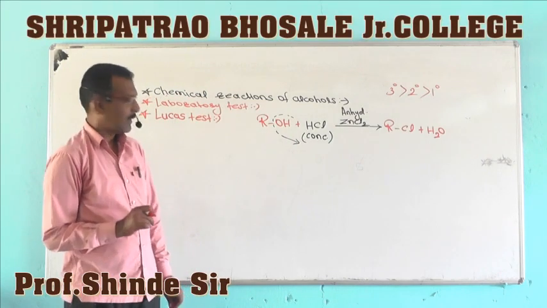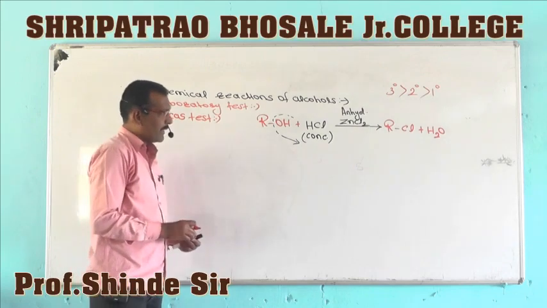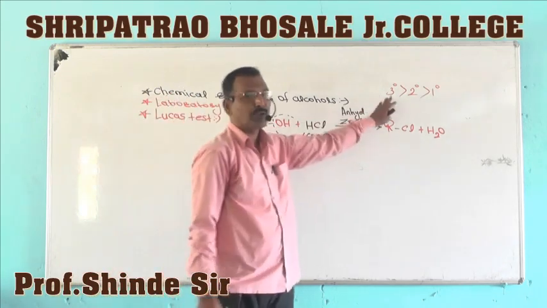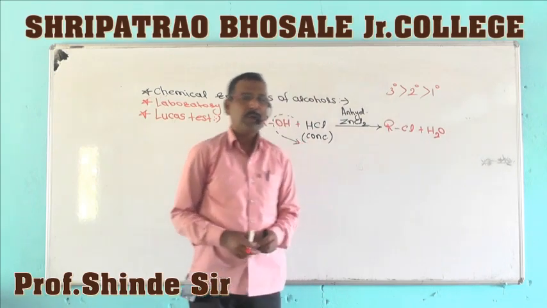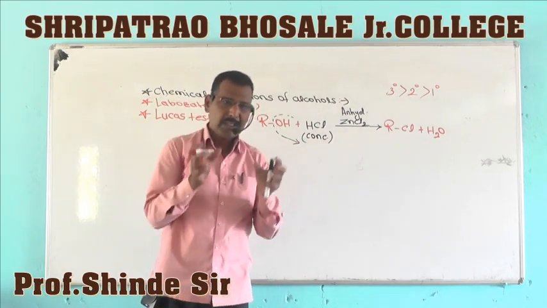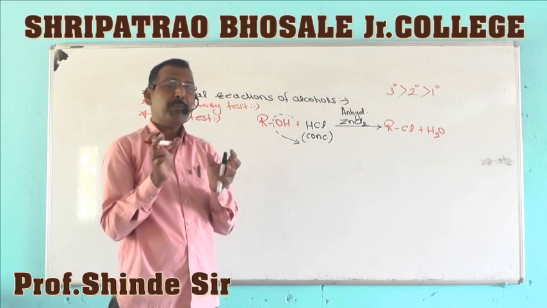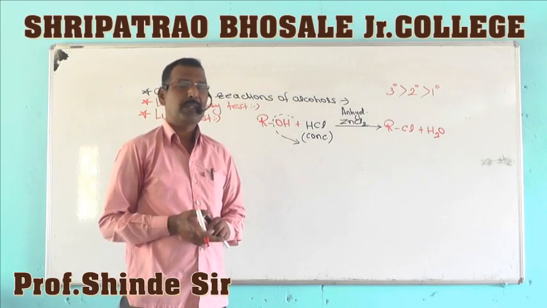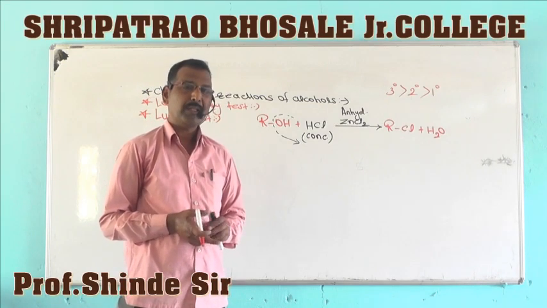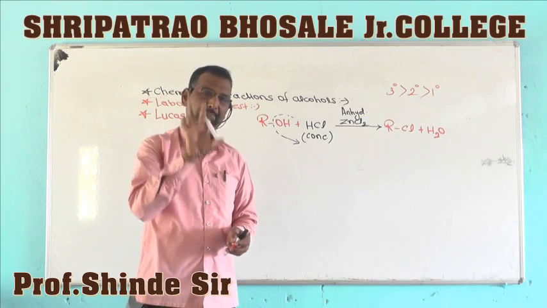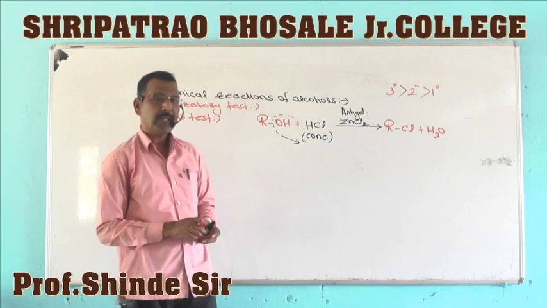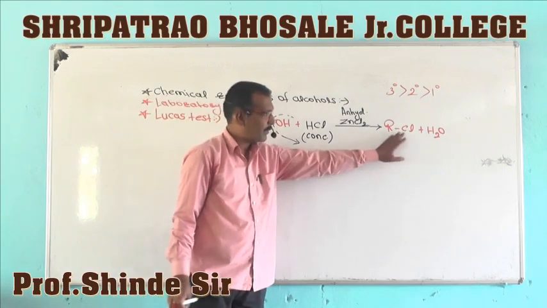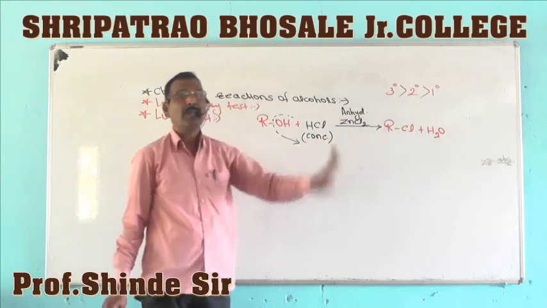The test tube which contains tertiary alcohol, in that test tube, what happens? Immediately a white turbidity develops, the white turbidity of alkyl chloride.